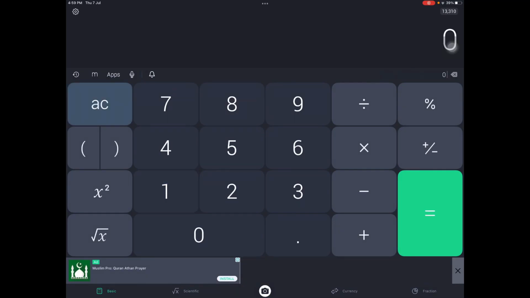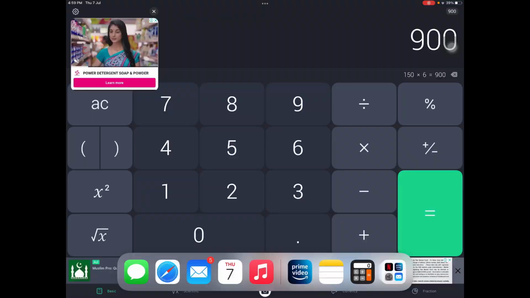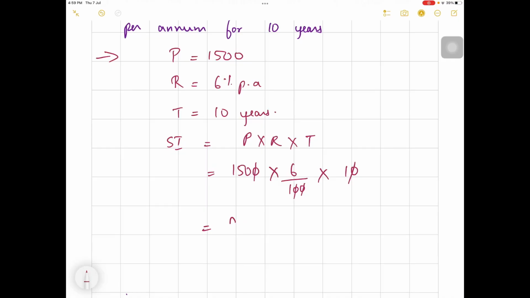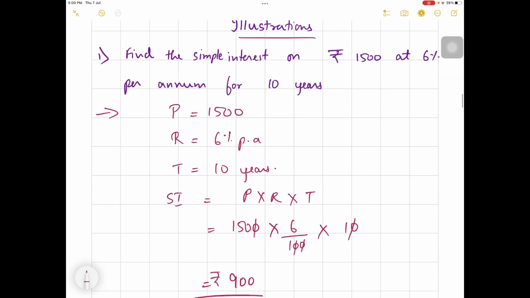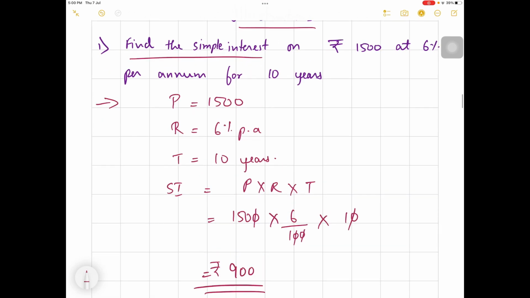150 into 6, 900. So simple interest is rupees 900. What is asked? Find the simple interest. Simple interest is rupees 900.